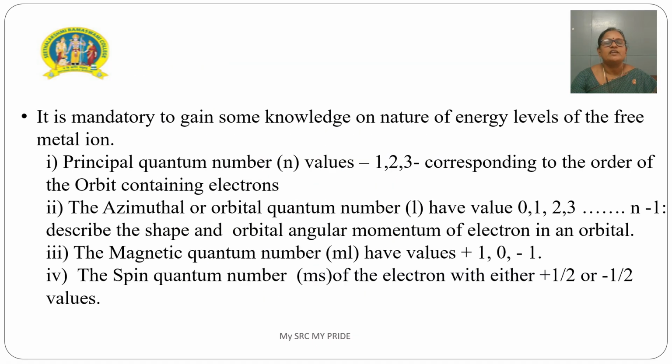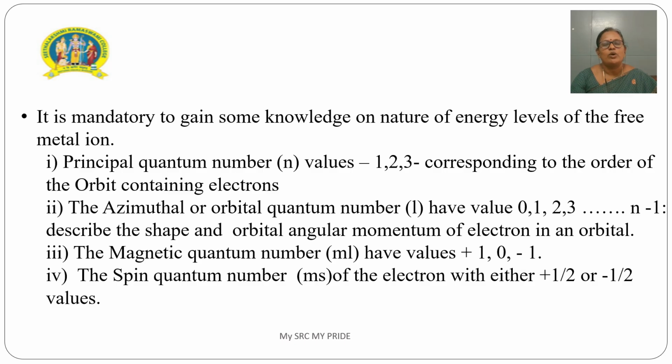It is necessary to gain some knowledge on the nature of energy levels of the free metal ion. Principal quantum number n has values 1, 2, 3, corresponding to the order of the orbit containing electrons.